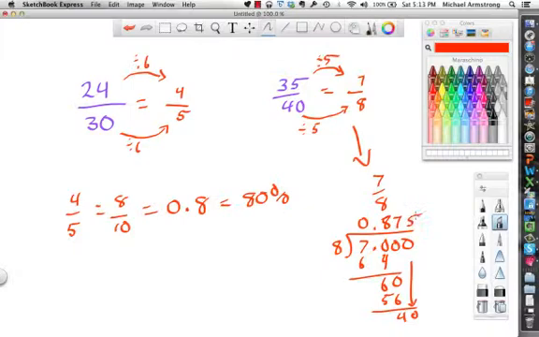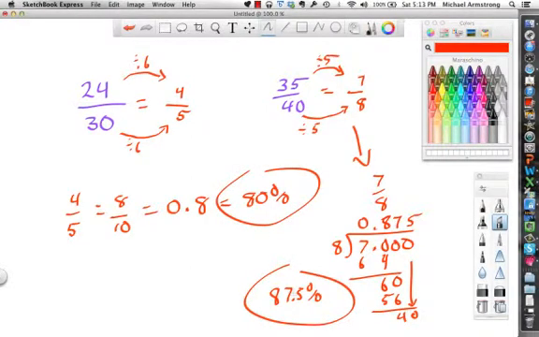And then that goes 5 times. So my friend actually got a 0.875, which is equal to 87.5%. So I got an 80, my friend got an 87.5%, so the better score is definitely this one over here.